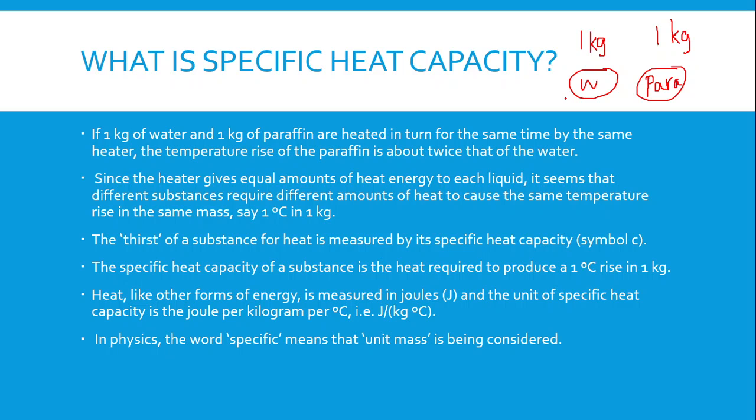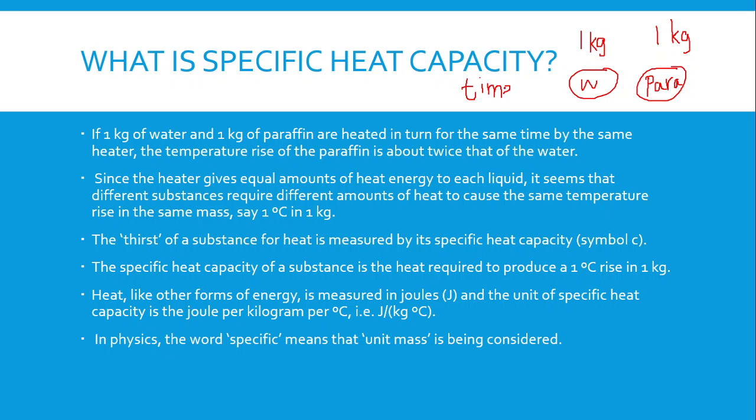So if you heat up 1 kilogram of water and 1 kilogram of paraffin, they're heated in turn for the same amount of time by the same heater. So what we're doing is that we're taking the same time, so time is constant. And what else is constant?